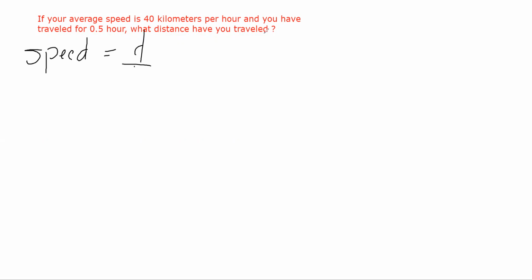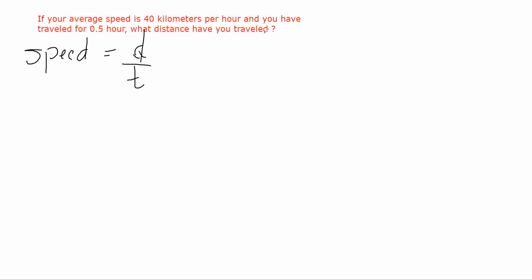Now look at this question here. I will read it: if your average speed is 40 kilometers per hour, and you have traveled for 0.5 hour. From the beginning, I'm talking about the speed formula. The speed is distance over time.